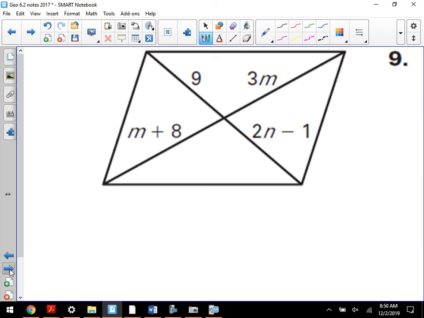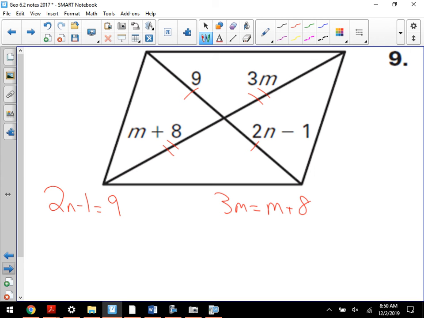Cut in half, which means they're equal. Good. So hopefully, when you did this, if you drew the picture, you made your little tick marks, knowing that those two parts would have to be equal to each other, and then you just set it up algebraically. So you had your 2n minus 1 equals 9, and then your 3m equals m plus 8.